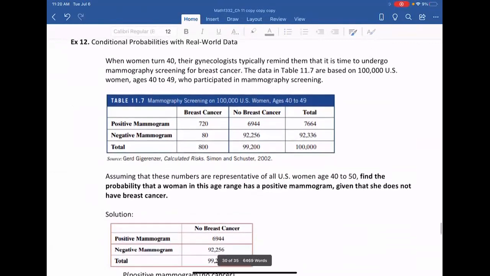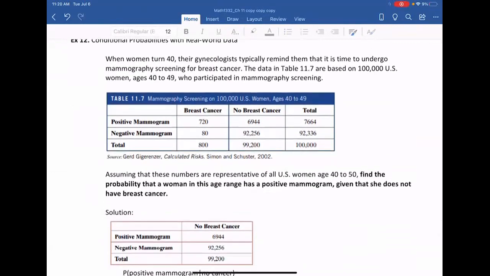Assuming that these numbers are representative of all US women ages 40 to 50, find the probability that a woman in this age range has a positive mammogram, given that she doesn't have breast cancer.